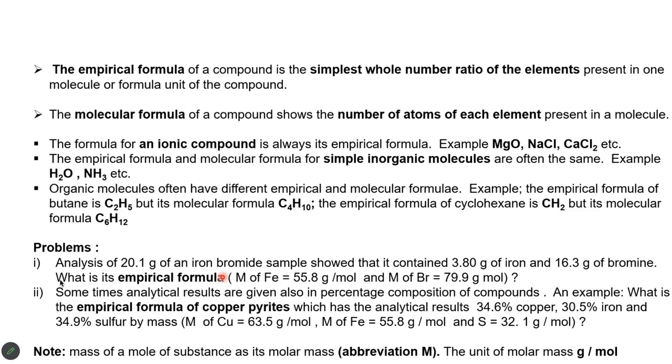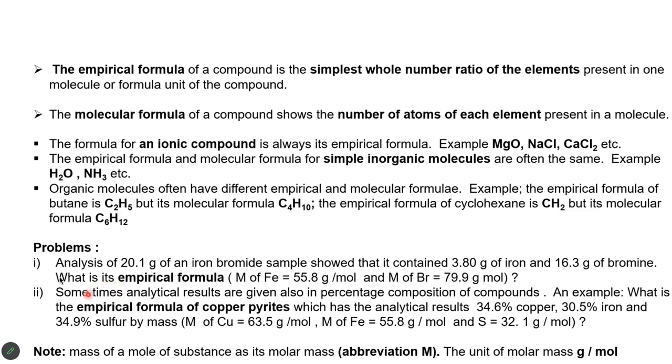So when we ask for an empirical formula, we have to use the relative molecular mass of iron, in this case iron and bromine, which you get from the periodic table. Sometimes we get analytical results in percentage, and from the percentage we can also find out the empirical formula.